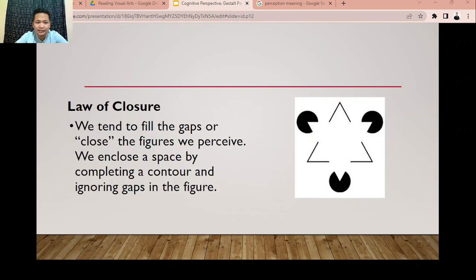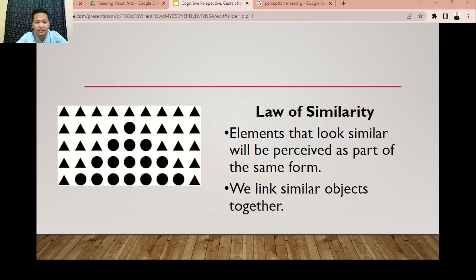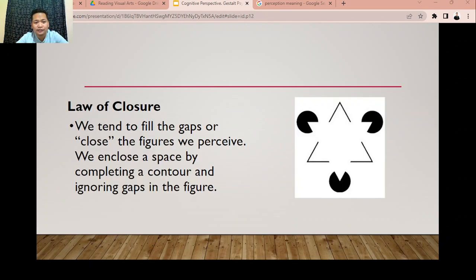Okay, so next we have the law of closure, right? So what about this law of closure? We tend to fill the gaps or close the figures we perceive. We enclose a space by completing a contour and ignoring gaps in the figure.